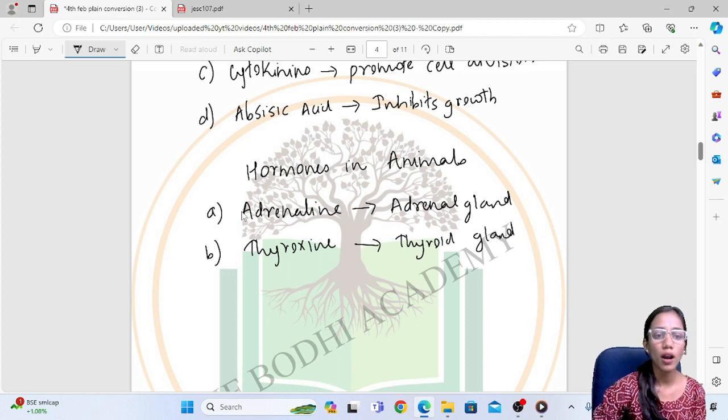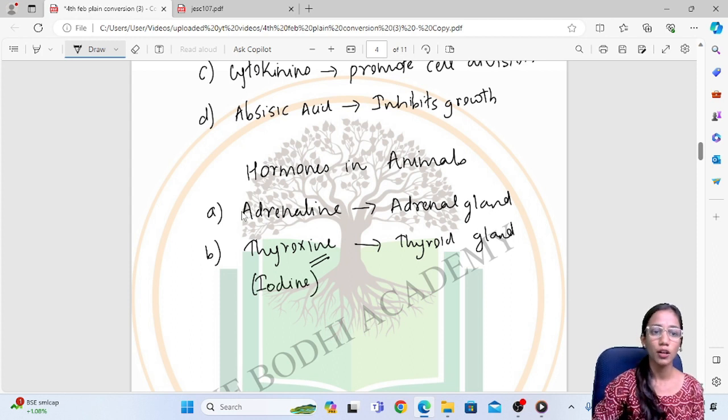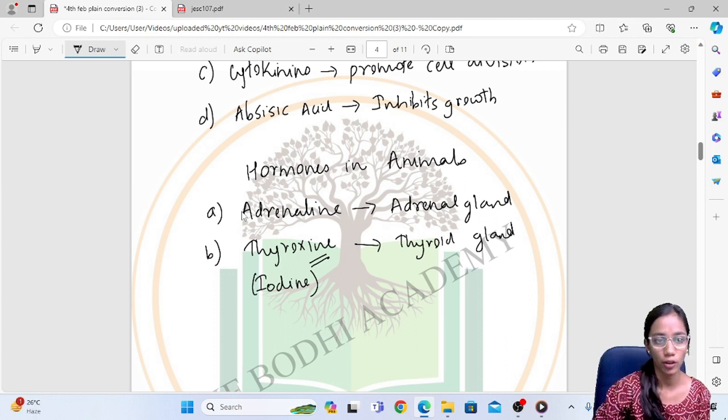Now, how is this thyroxine hormone helping us? Thyroxine is majorly used for the metabolism of carbohydrates and proteins in our body. For the production of thyroxine, you require iodine. Iodine should be present in our diet for the thyroid gland to make thyroxine.